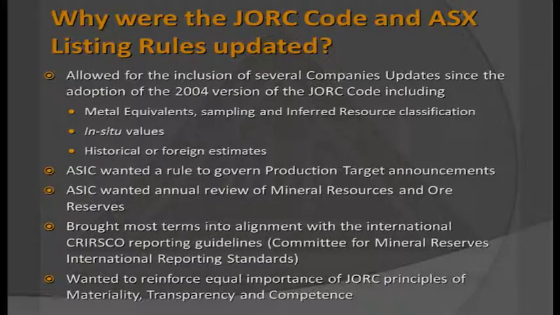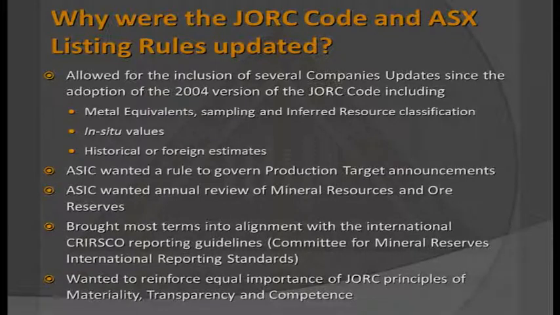So why was the JORC Code and the ASX listing rules updated? This allowed for inclusion of several company updates that we had adopted since the 2004 version of the JORC Code. Effectively, as a hole was identified in the existing code, the gap was filled with an update in terms of the company's update on the ASX listing rules.